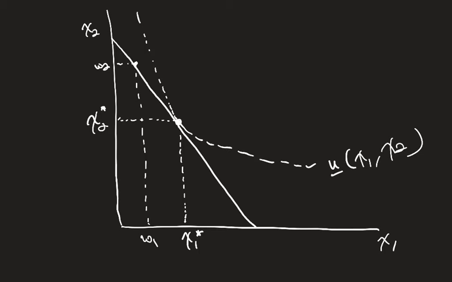So in this instance, we are a net seller of good two and a net buyer of good one. And so the problem hasn't changed, but because we have these endowments and we're trading, we get to have this extra language to talk about our position relative to our endowment.